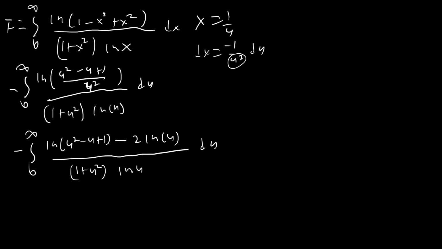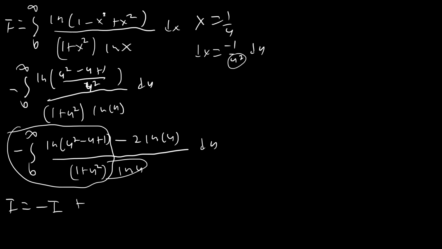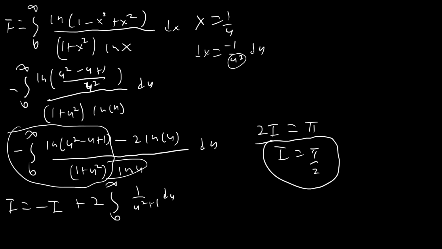So we have I equals, and then this part right here is just negative I with this also. I equals negative I plus 2 integral from 0 to infinity of 1 over u squared plus 1 du. So that means that 2I is going to equal pi, or I equals pi over 2. So yeah, another one of those cheap tricks that you always have to remember. And that is, in fact, the correct answer.